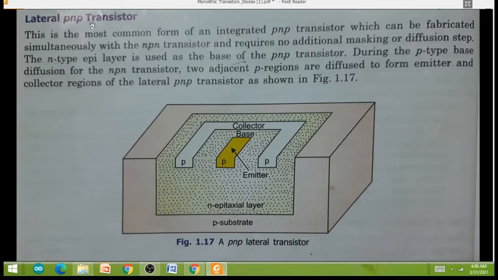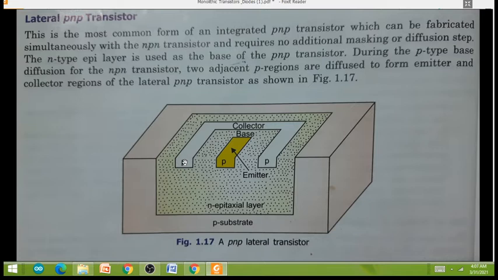No additional mask is needed for this lateral P region of the collector, but at the time of fabrication of the base and emitter, the yellow one, at the same time you have to prepare the collector. On average, it is observed that the concentration of the P emitter and the concentration of the collector are partially different.